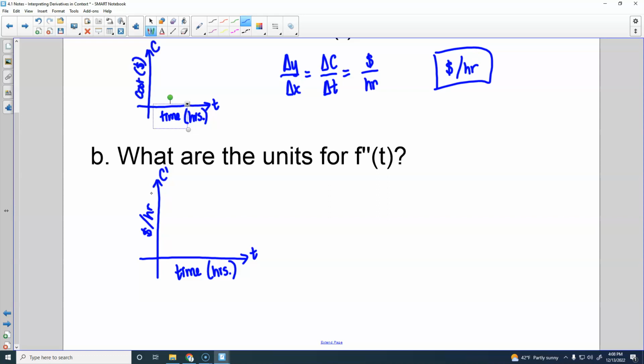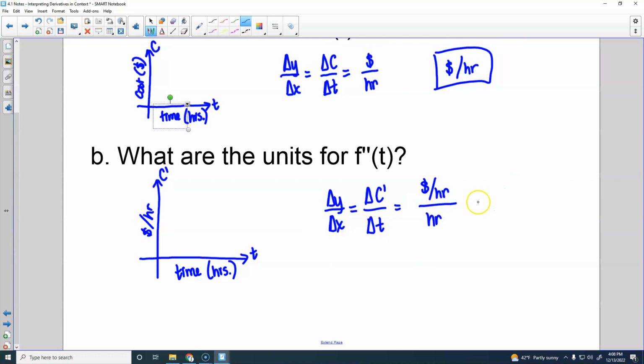So if we're thinking about the slope of the graph of the derivative, it is change in y over change in x. On our y-axis, we've got our c prime. On our x-axis, we still have change in t. And so our units for our y-axis here are dollars per hour, and our units for the denominator is hours.